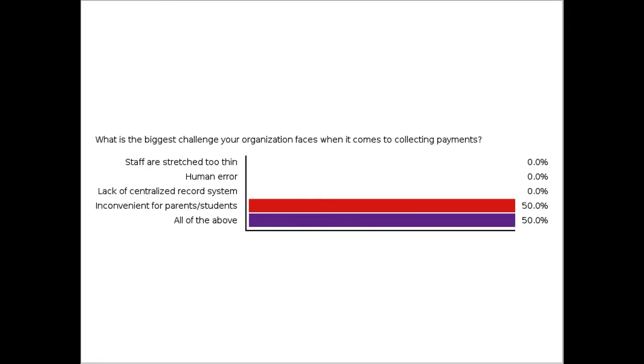So I'm seeing some responses come in. So far it looks like most of you are facing all of these challenges. And a lot of you are having trouble providing a convenient payment option for your parents, students, donors, what have you. All right, I'll give you all a few more seconds here.